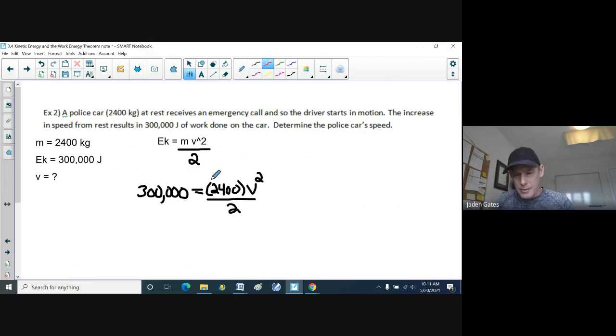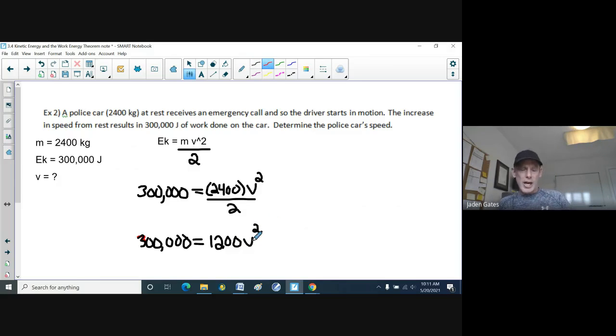There's a lot of different ways to simplify this, but I think the easiest way is I can just take this 2,400 and divide it by 2. And so this 300,000, that ain't going to change over on this side. All right, but if I take 2,400 and I cut it in half, divide by 2, if you will, I'm going to get 1,200. And again, I got that V squared.